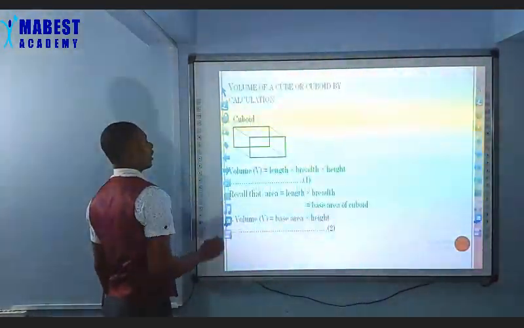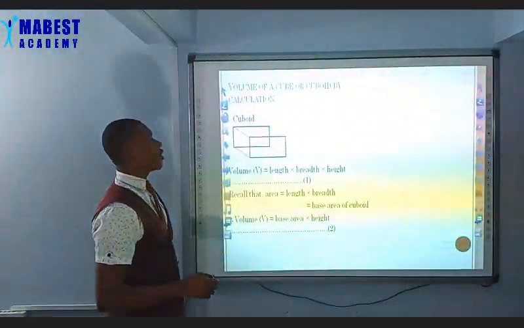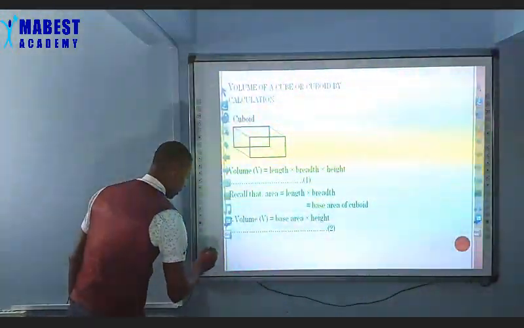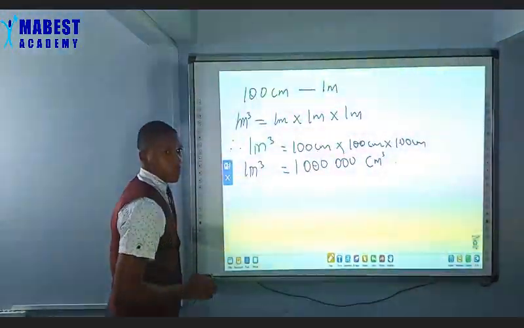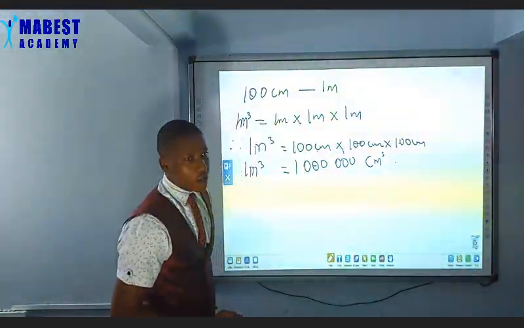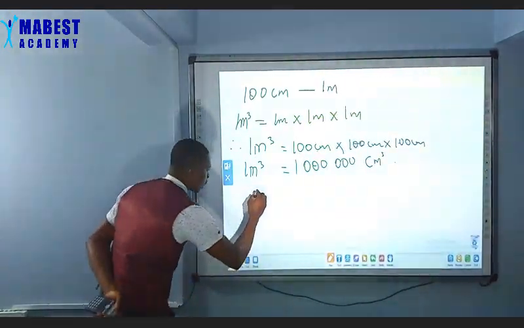Let's move to the next slide. Now we want to look at the volume of a cube or cuboid by calculation. A cuboid is a very good example of what we call a mattress box, which we can actually draw.